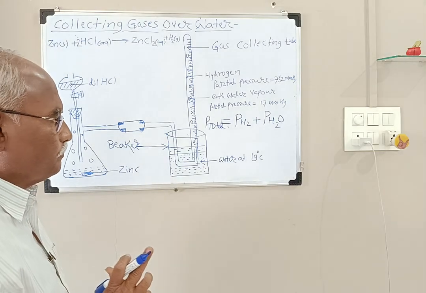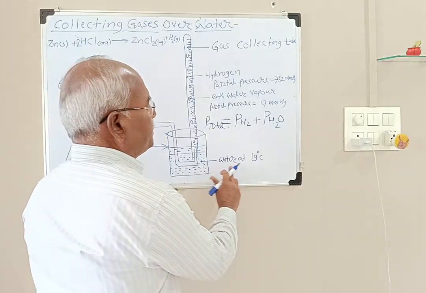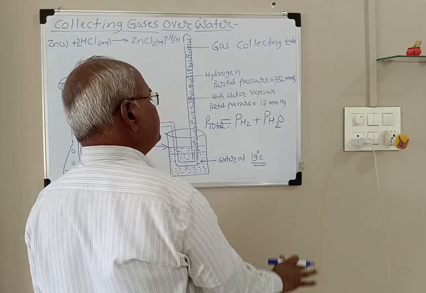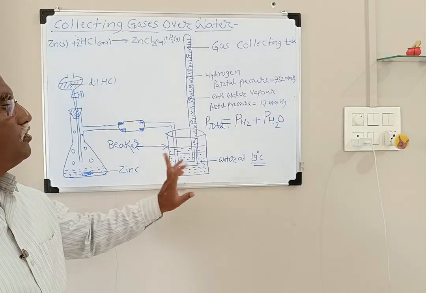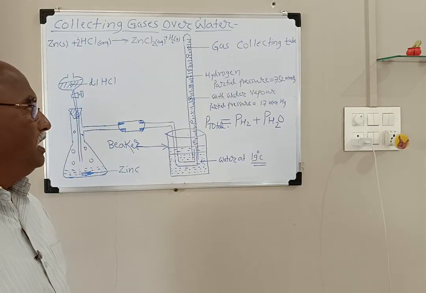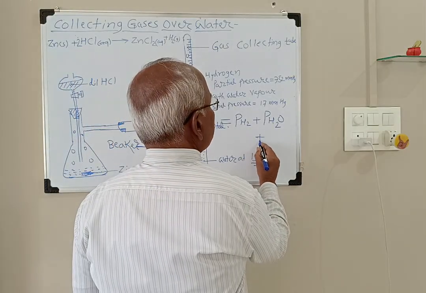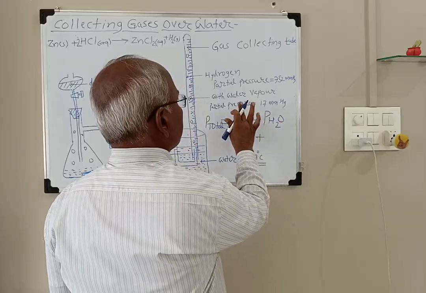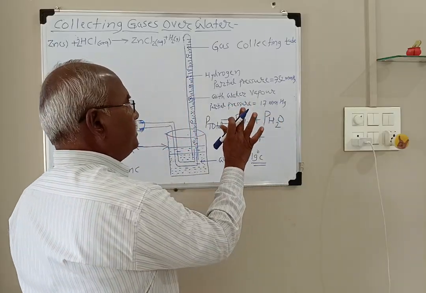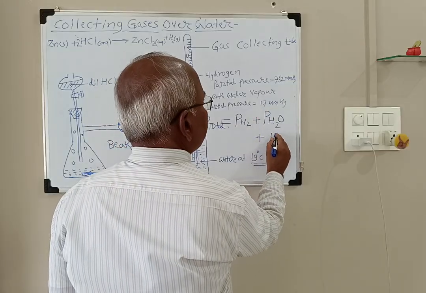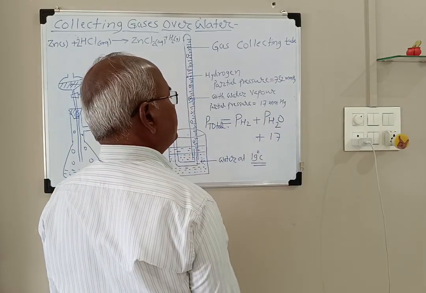So look here, this is water at 19 degrees centigrade. 19 degrees centigrade is the temperature of water. At 19 degrees centigrade, partial pressure of water vapor is 17 mmHg.